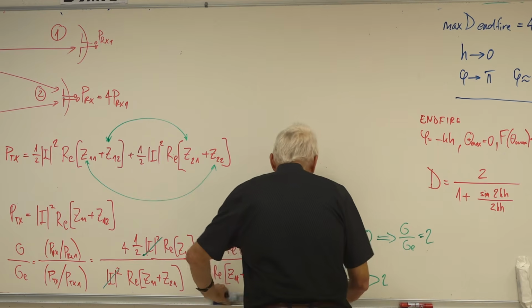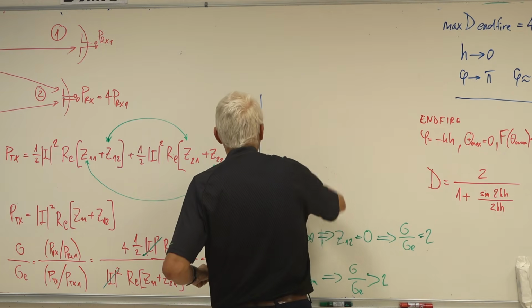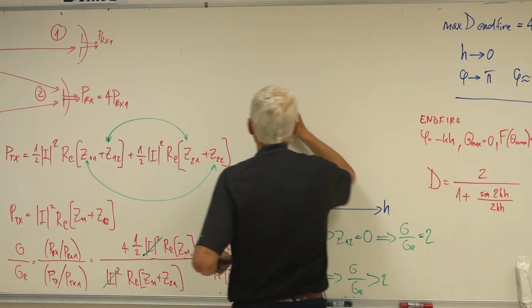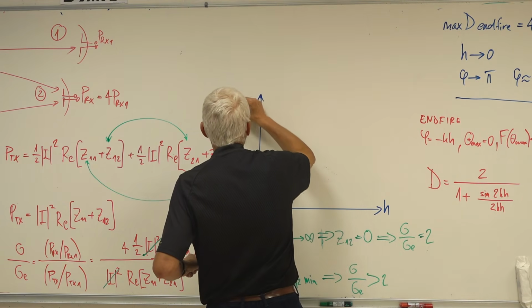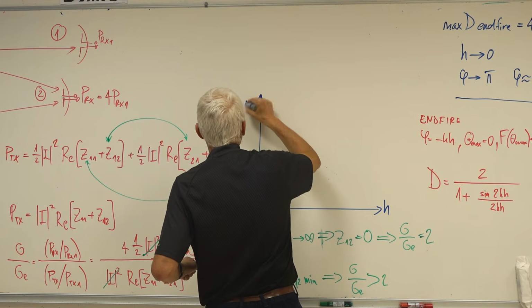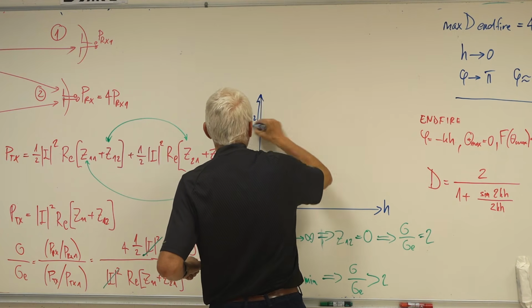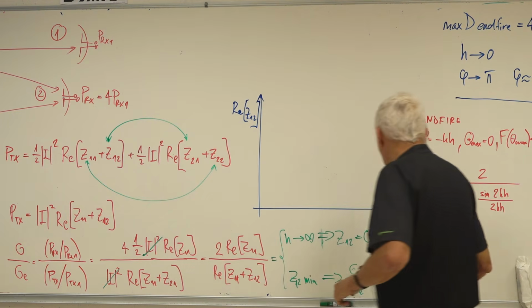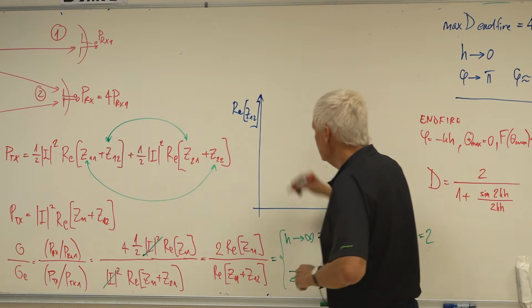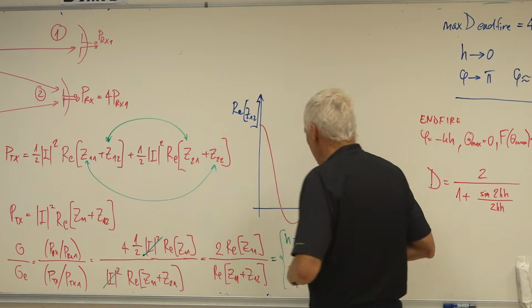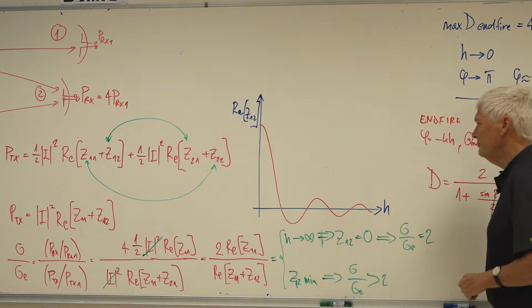So just drawing here how to get the optimum spacing from the real part of Z12, the mutual impedance Z12, this will be something like this function. Where is the optimum point?